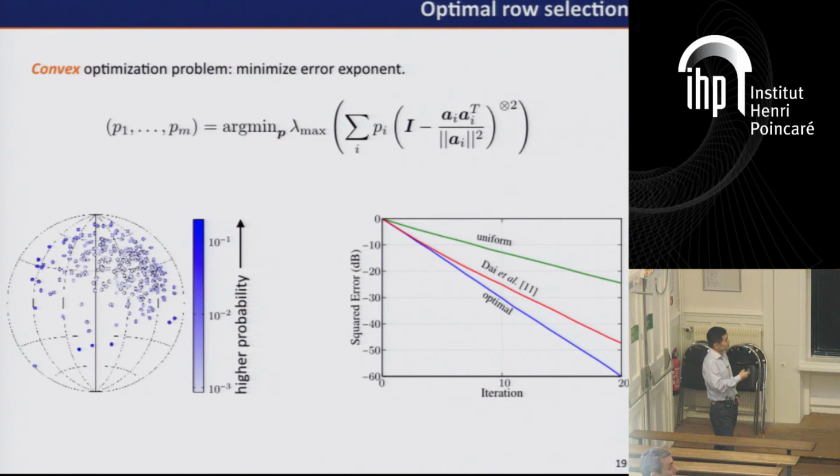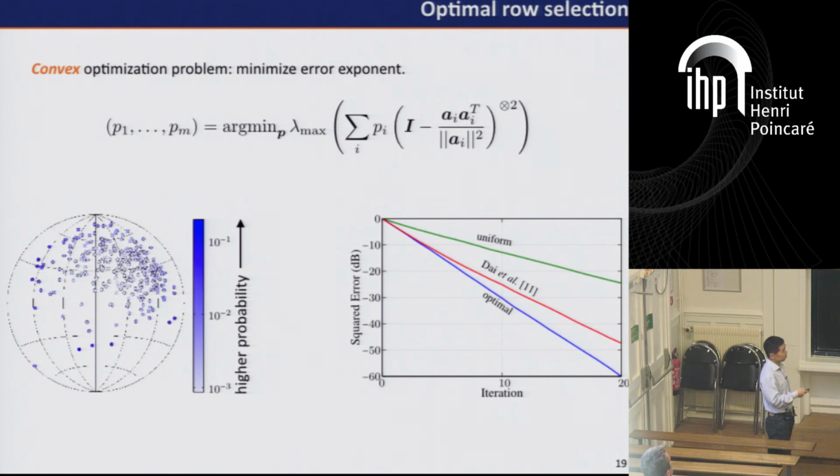Now, what practitioners really care about is whether this optimization is useful. So here we do some comparison. After running 20 iterations, the blue curve is the performance of optimized sampling probability, and the green curve is uniform sampling. And we can see there is about 30 dB of improvement.